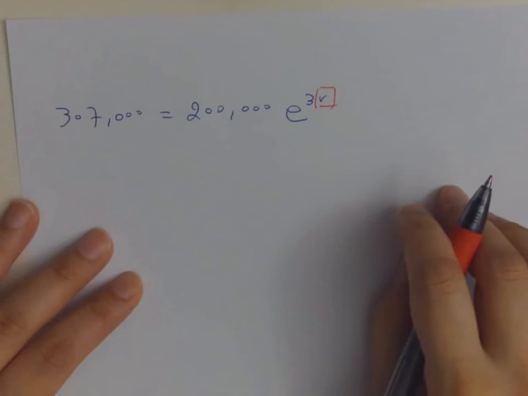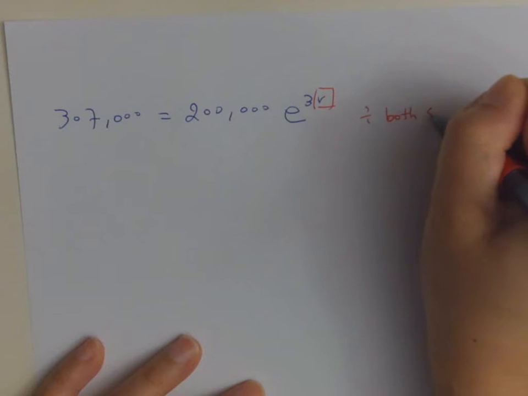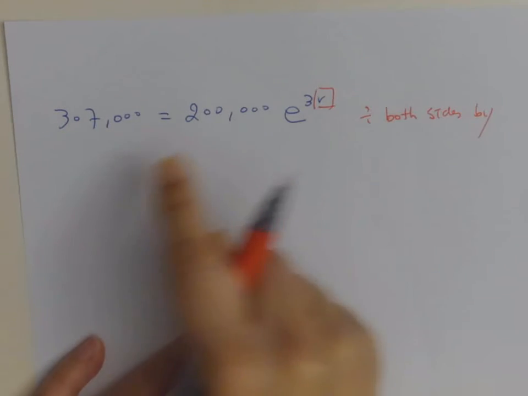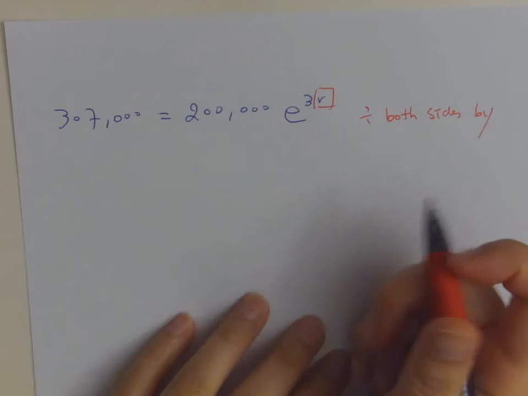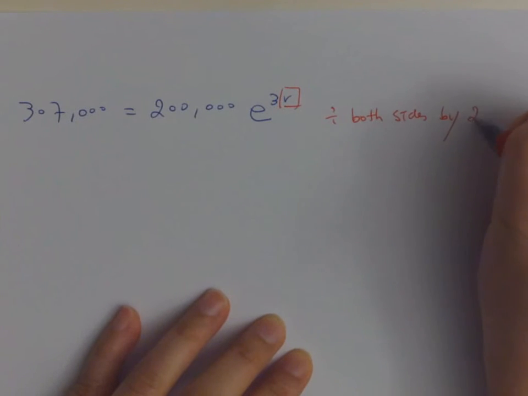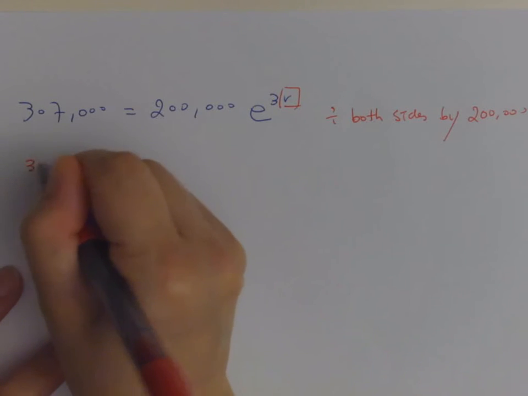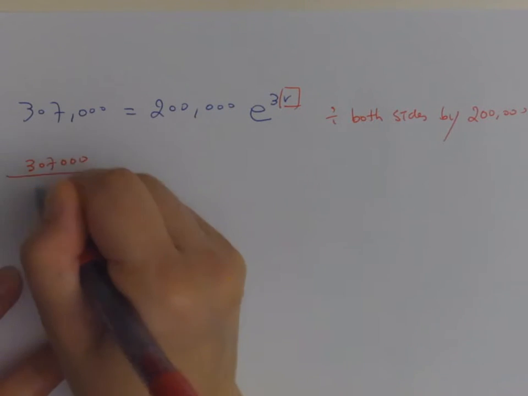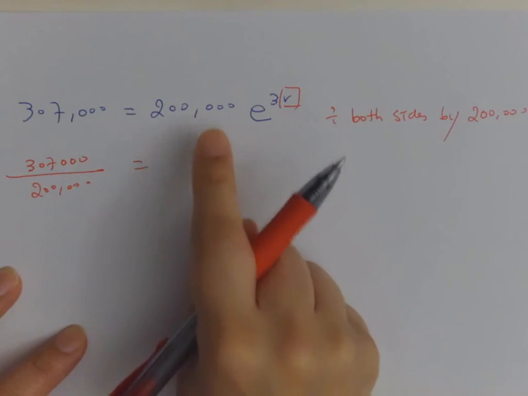So if we want to simplify the right hand side, we can divide both sides by, is it 200,000 or 307,000? So I want to simplify this side, so I divide both sides by 200,000. So the left side, 307,000 divided by 200,000 equals 200,000 divided by 200,000.